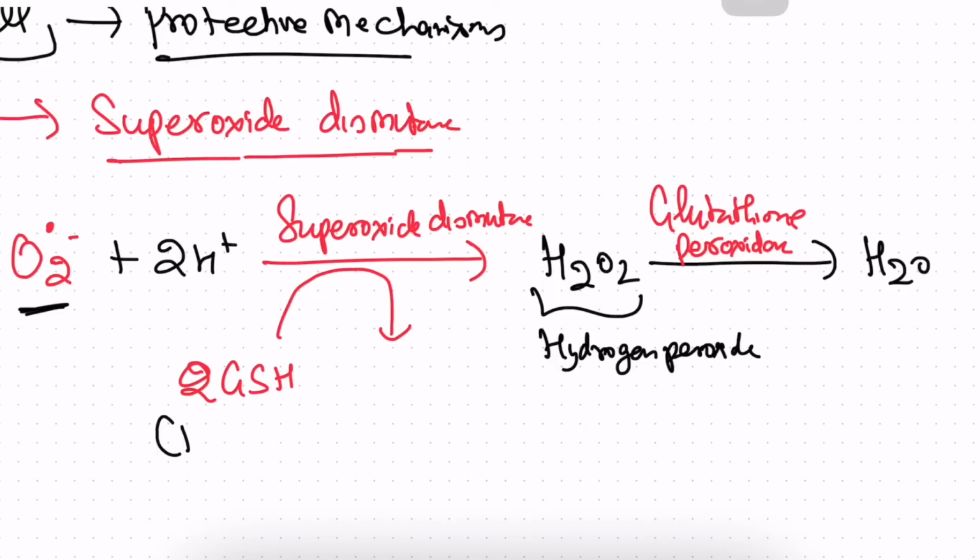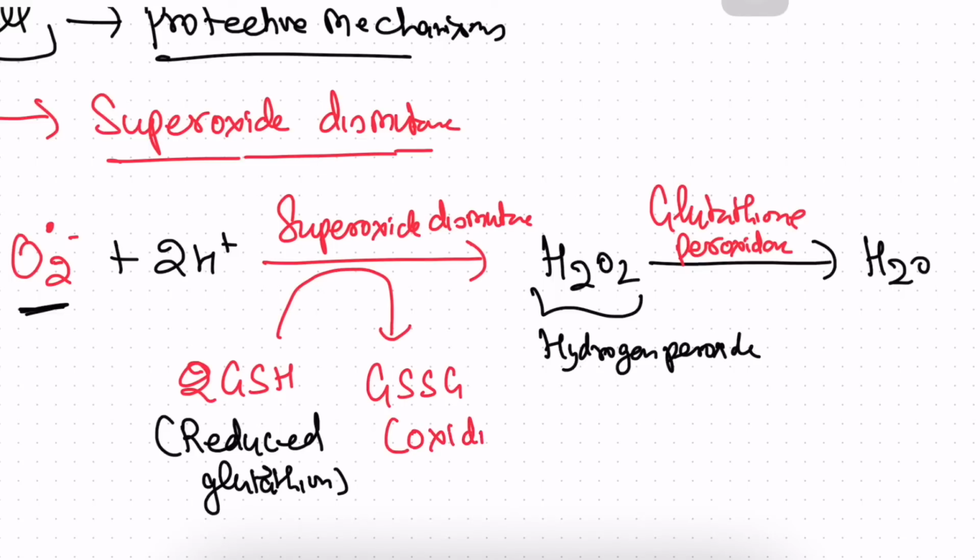This is reduced glutathione, and it will be converted into oxidized glutathione, and here you are going to see the formation of GSSG. So this is oxidized glutathione. Here you are going to see the formation of H2O2, hydrogen peroxide.